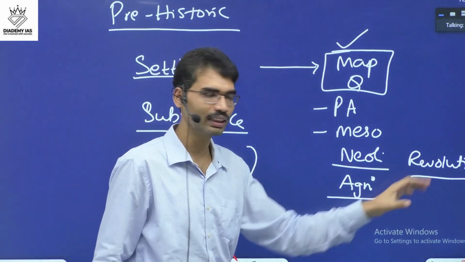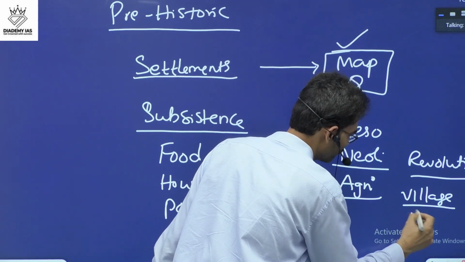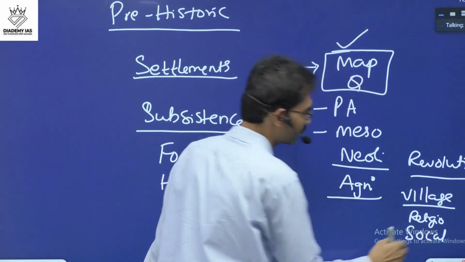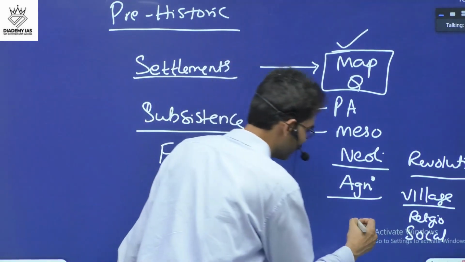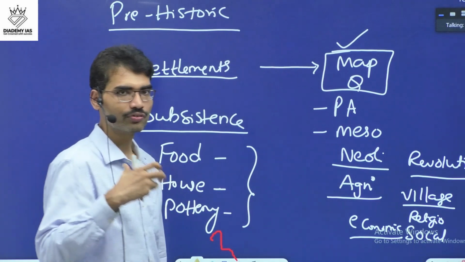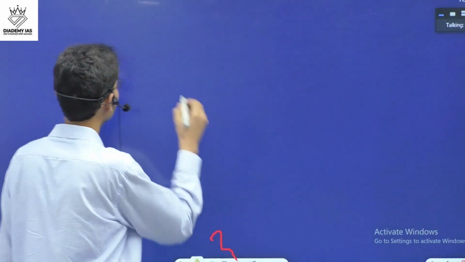Once agriculture settlements come, villages will come. Once villages come, some kind of religious beliefs, some kind of social system, some kind of economic system will emerge. And gradually, the 5 fundamental elements throughout our history, this is very common.